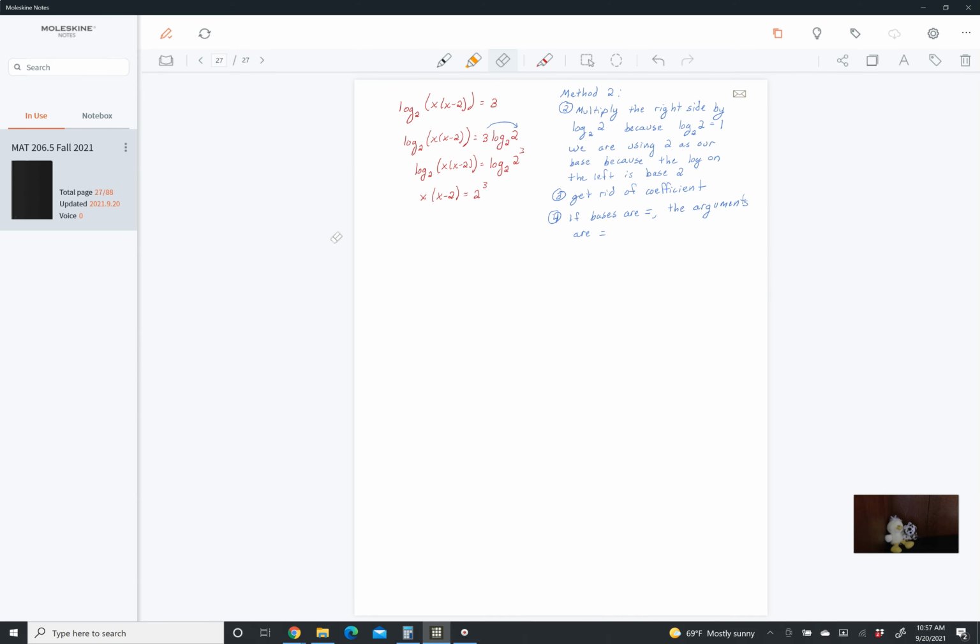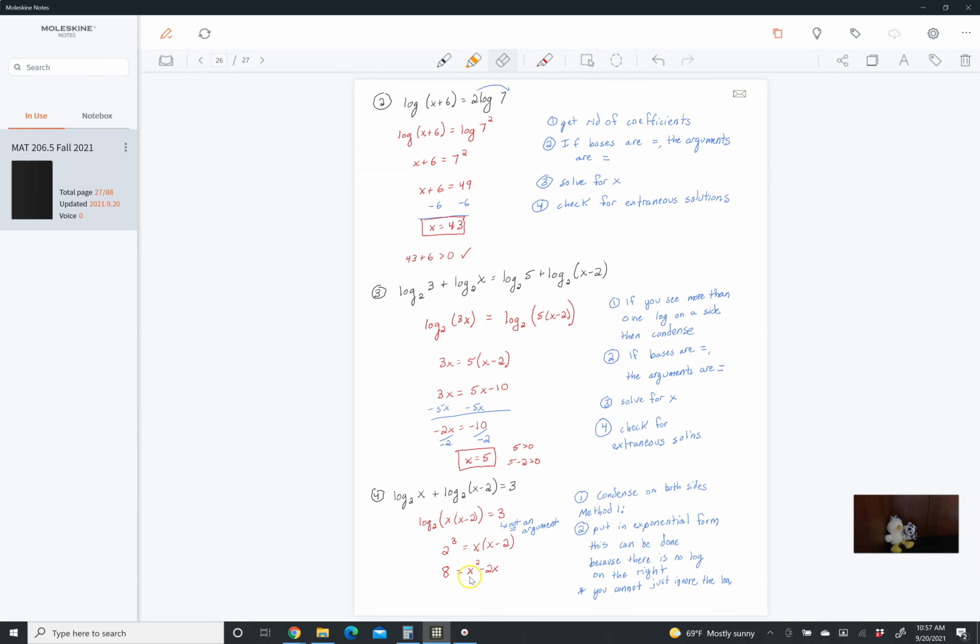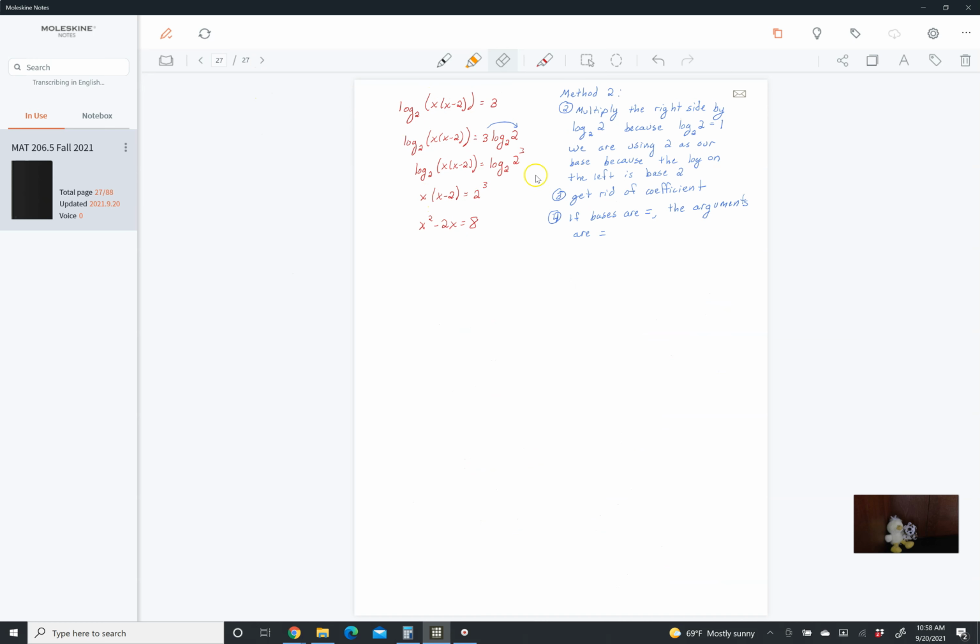That's where we say the arguments are equal to each other. And now we're going back to where we left off with the other method. So you can see this is more like one step, whereas this is 2 or 3 steps depending on how you go about doing it, right? Now from here, you just solve for x.